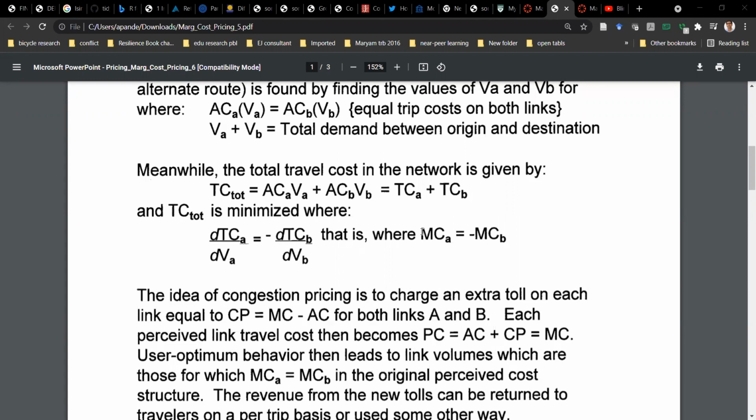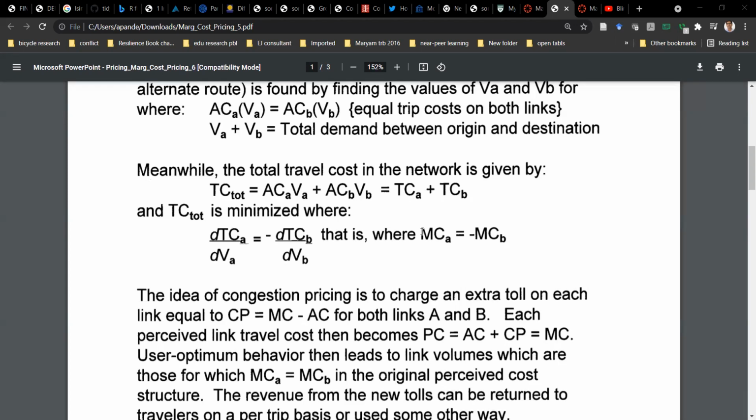Now the trick you're trying to pull off as a system planner is, what if the perceived cost of the driver was not their average cost? What if the perceived cost of each link was such that they were equating marginal cost on both routes?